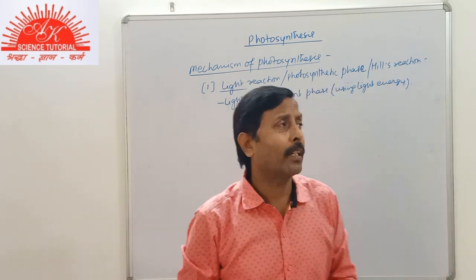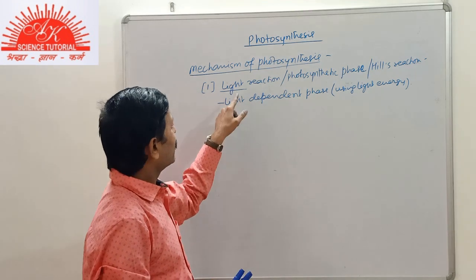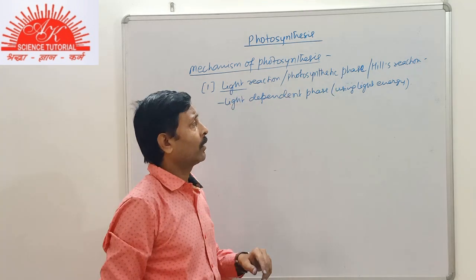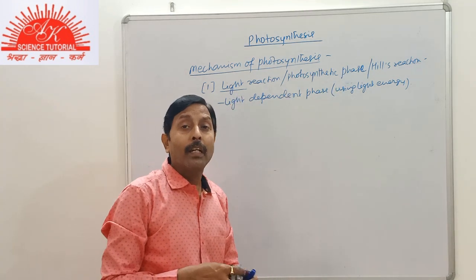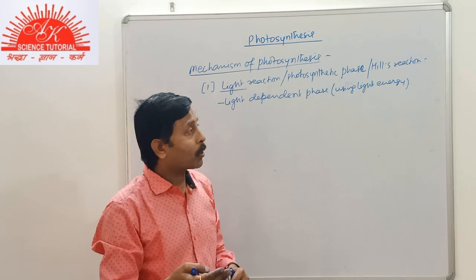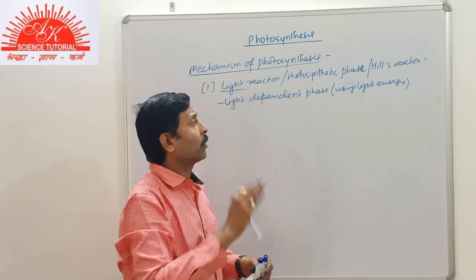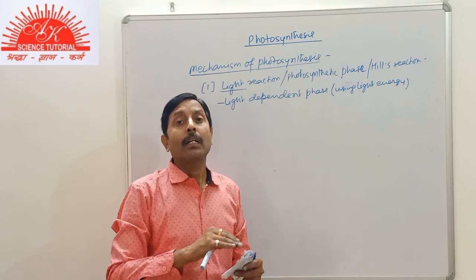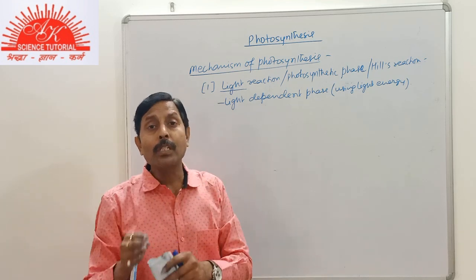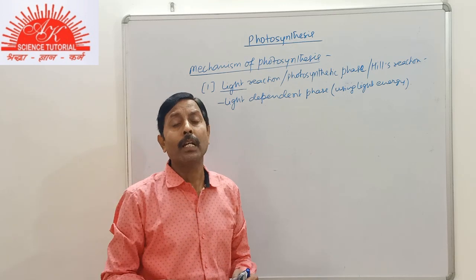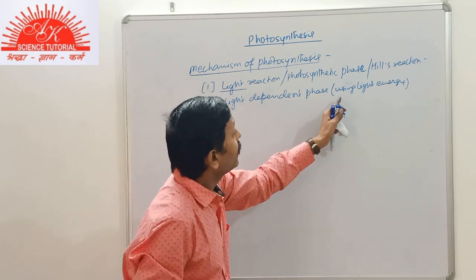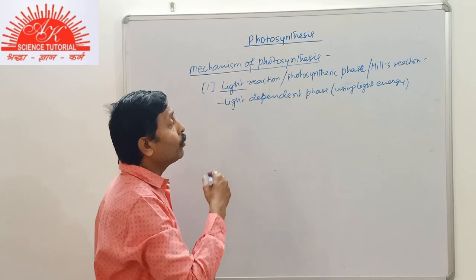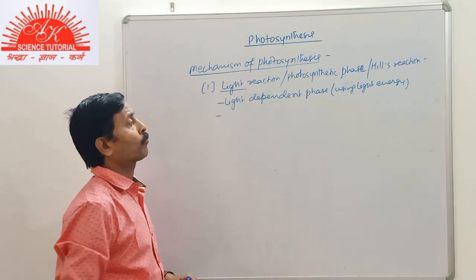This is not a sufficient answer. We can say that this takes place by using light energy, because the dark reaction which takes place in the stroma accompanies this process, that also takes place during the daytime, but light energy is not used in that process, hence it is known as dark reaction. So we write, using light energy, first point.